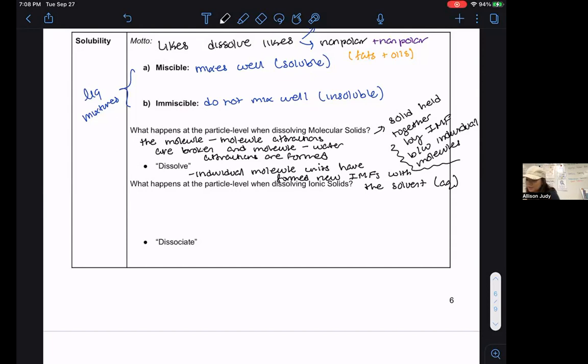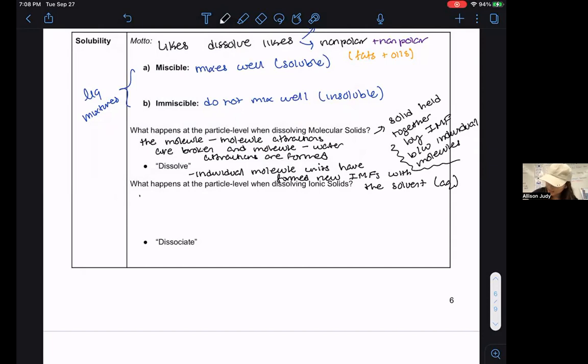Okay, so how does this compare with understanding the solubility of ionic solids? Remember, ionic solids are held together through intramolecular forces known as ionic bonding.